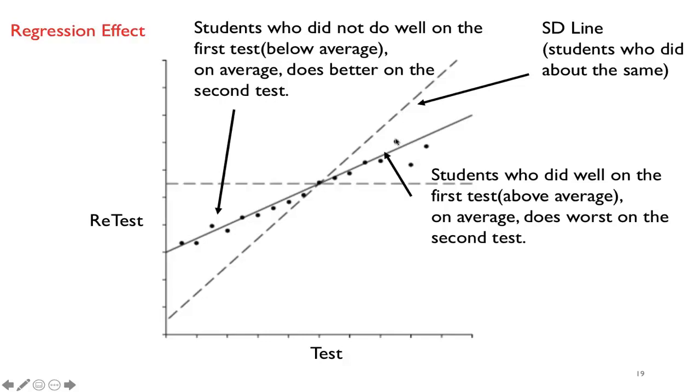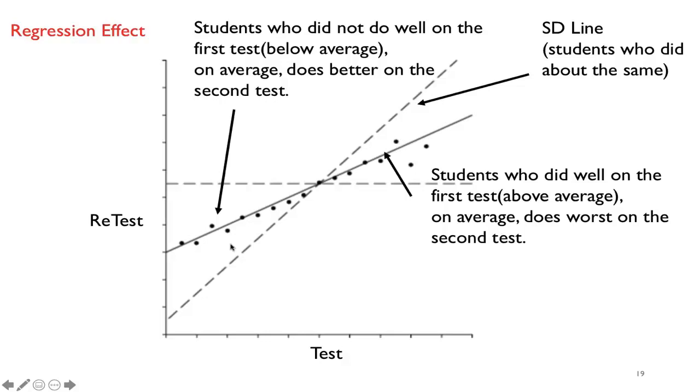So for example, look at the student right here. His score is a certain amount above the average on the x-axis, but it's not the same amount above the average on the retest. So that means he did a little bit less well on the second test than he did on the first test.